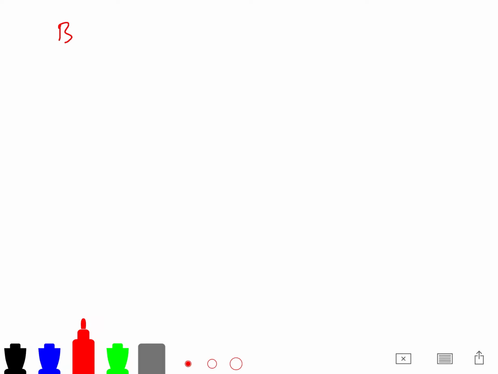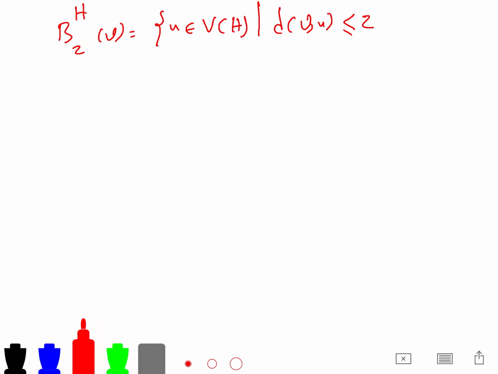We define the ball of V as all the vertices U of the subgraph H such that the distance between V and U is less than Z. So Z here is the bound, it is the radius, centered on V. So this is just a ball.